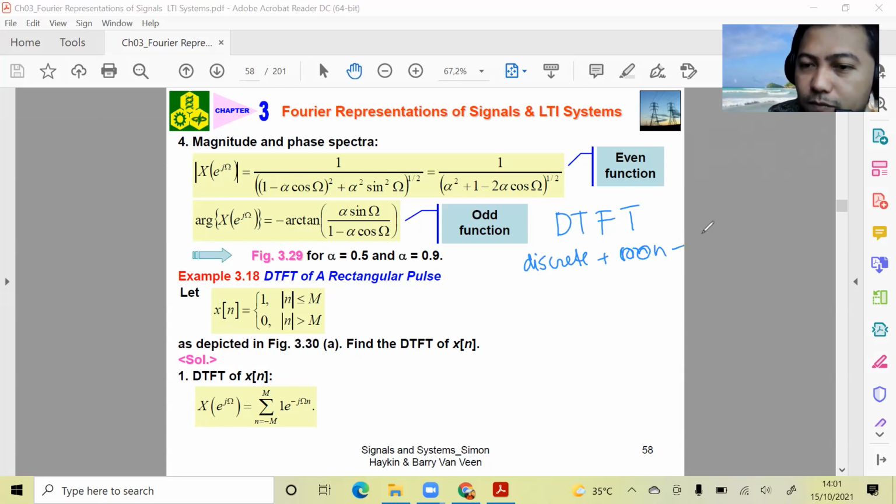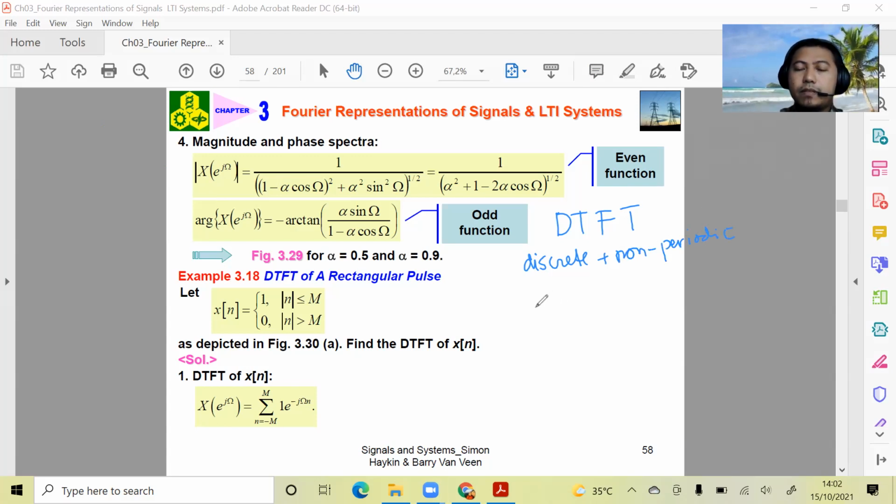Actually, this is totally wrong. Wait a moment. I make it discrete and non-periodic.